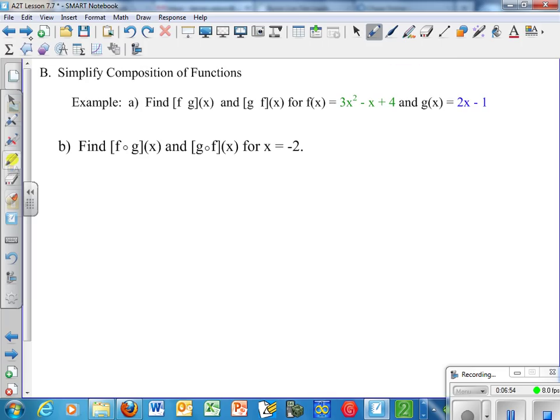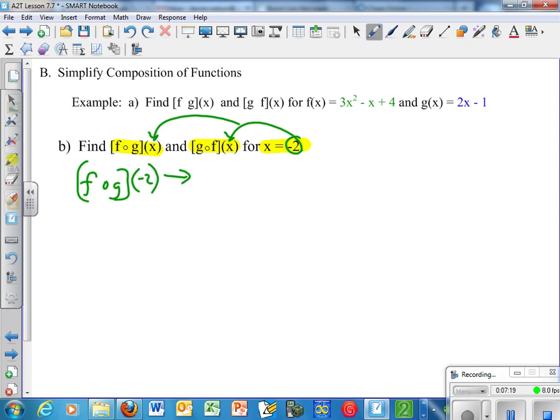Now for part B, we want to find it when x is negative 2. So I want to do f of g of x and g of f of x, except x is negative 2 means we're going to have negative 2 in these two spots. So I'm going to do f of g of negative 2.